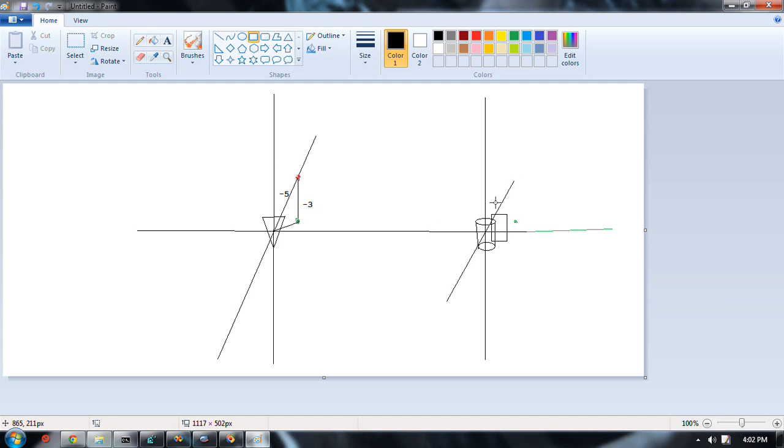So anything that's less than that distance away, as long as it's above the z-axis, is that right?